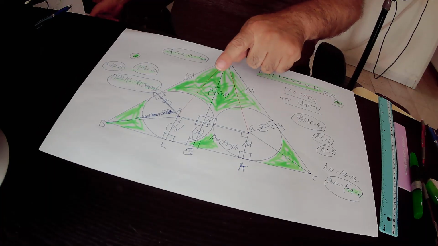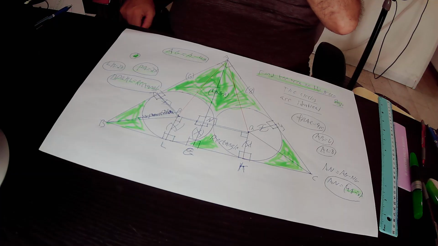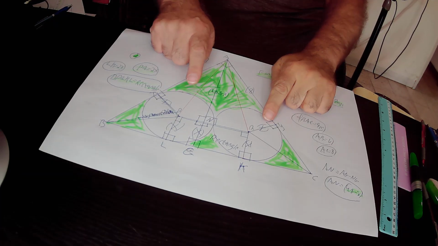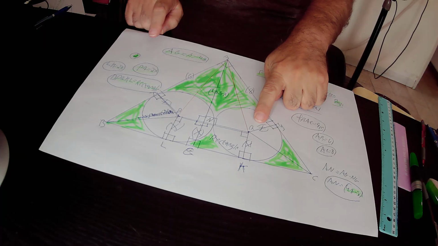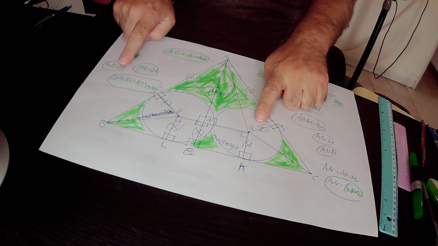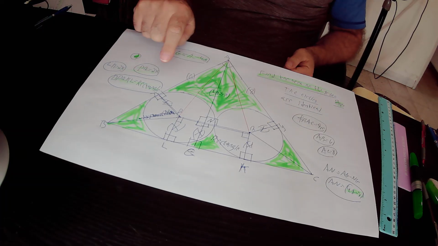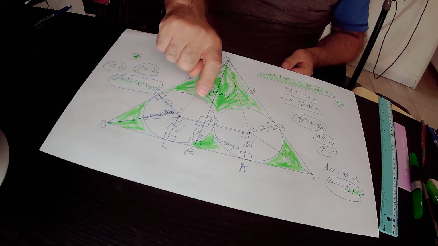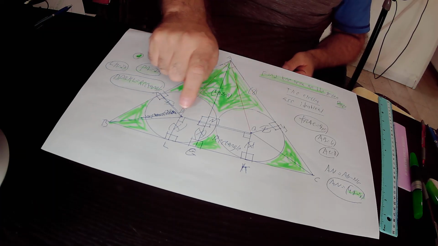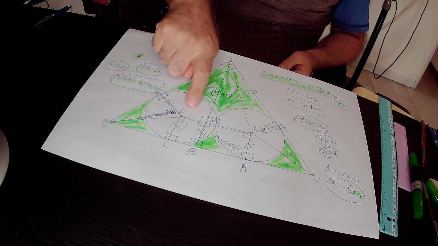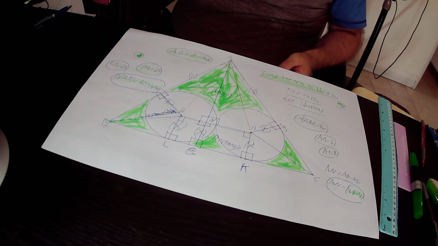We only found out that PQ equals 2x, and that PQKL is a rectangle. In rectangle PQKL, the opposite sides are equal to each other. So side PQ equals the opposite side LK. But PQ is 2x, and the opposite side LK must also be equal to 2x units in its turn.